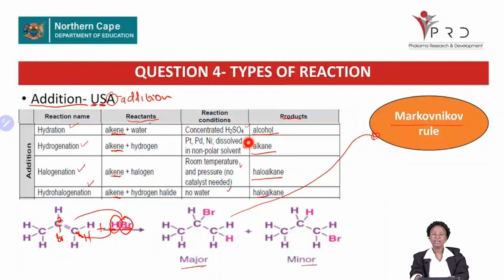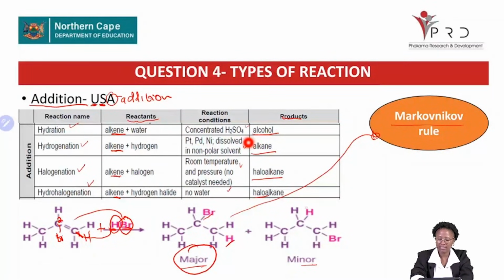So always say the rich to the rich, the poor to the poor, meaning you are putting the hydrogen where there are more hydrogens to make that carbon rich with hydrogens. And then you are going to put the Br on the carbon that has the least number of hydrogens. That will be your product over here that will always give you a major product.